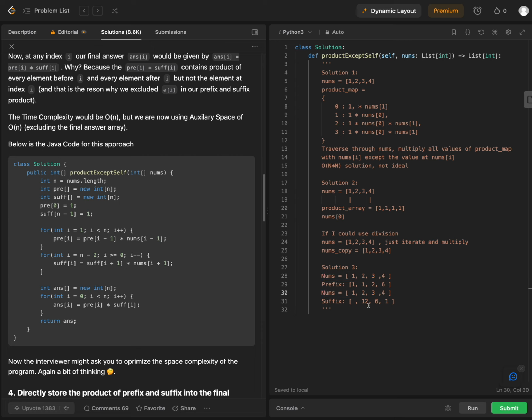Sorry, let's redo this. So essentially we have 1, 1, and 1. And then since we have suffix of 1, 1, 1, we look at this again. We start off from here. When i is 2, right, we have index 0, 1, 2, 3.